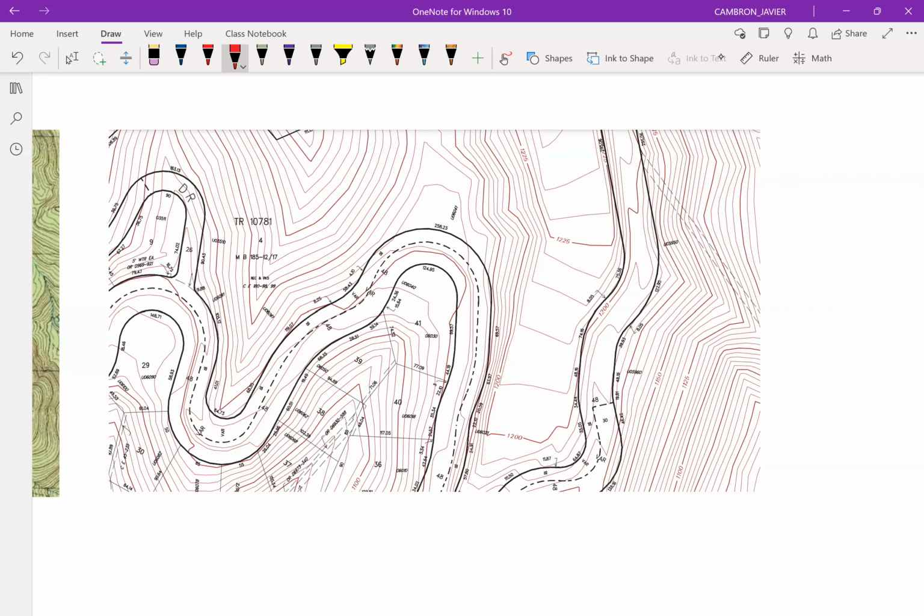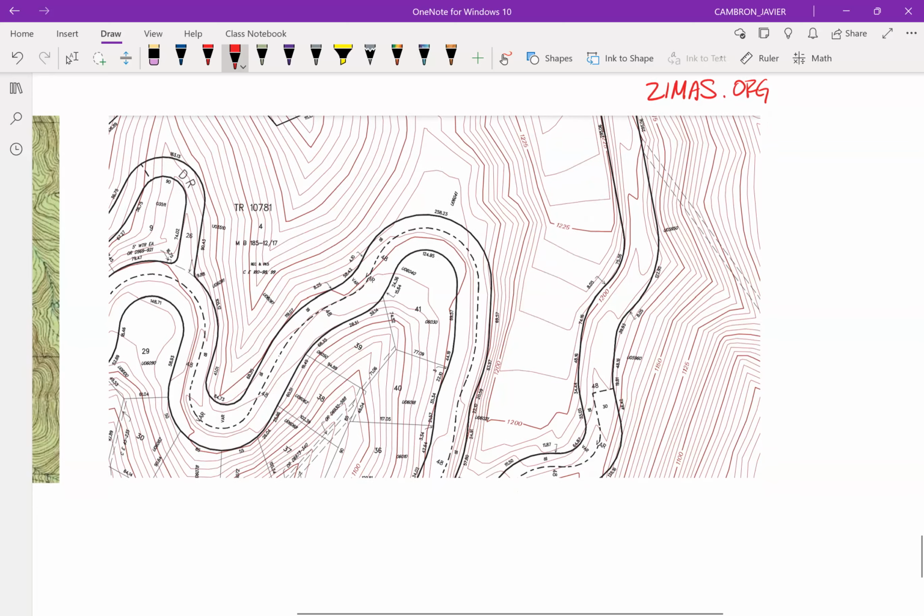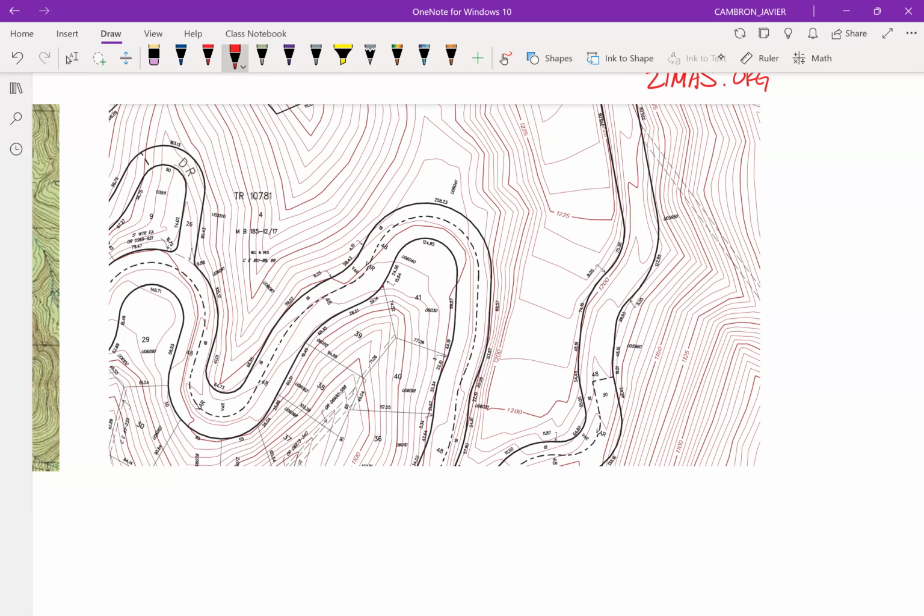I got this image off of the city of LA's ZIMAS site, I believe it's .org, which you can check out if you want. It's where you can get all sorts of information for any property within the city of Los Angeles, and you can pull up the contour map and the individual tract map. So these are the individual properties.